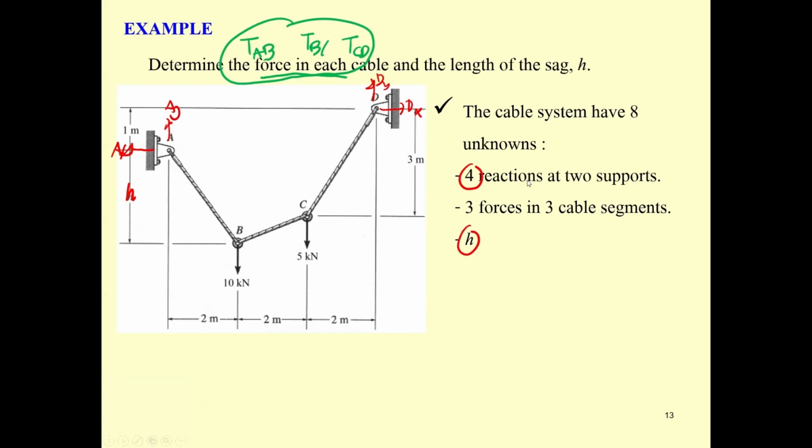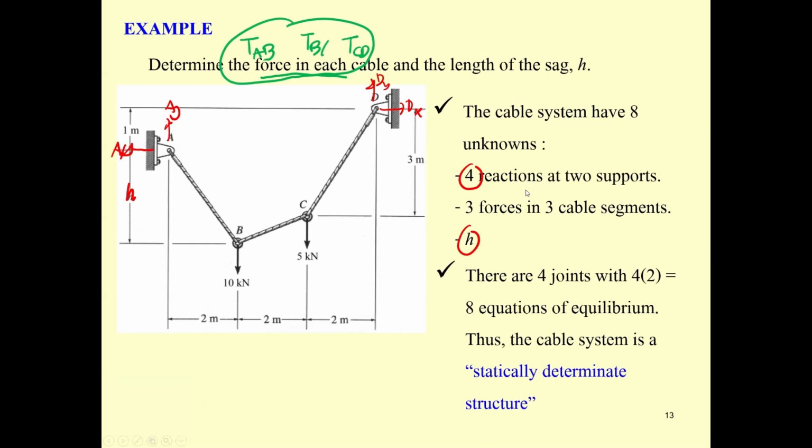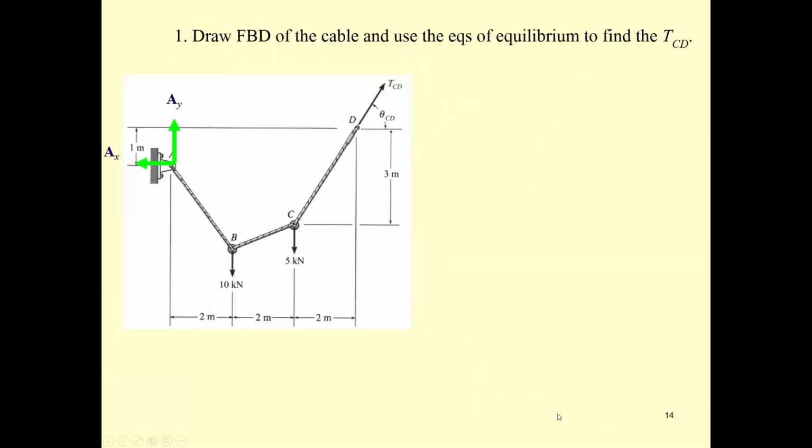Total going to be 8. We can solve it by considering joint A, joint B, joint C, and joint D. We have 8 equilibrium equations. This is a statically determinate cable.